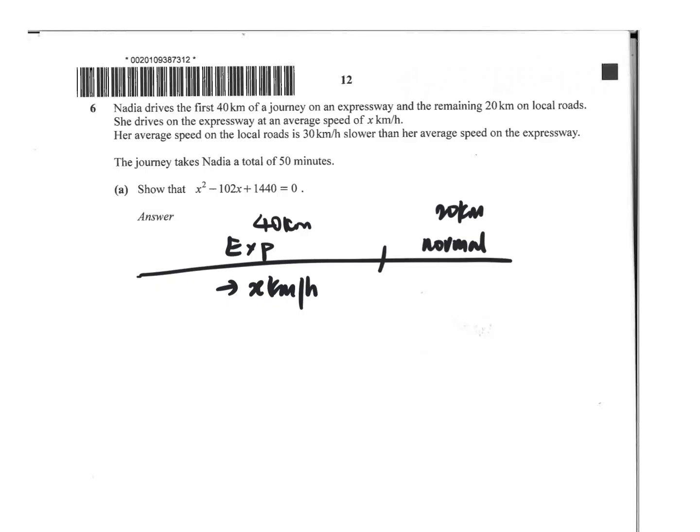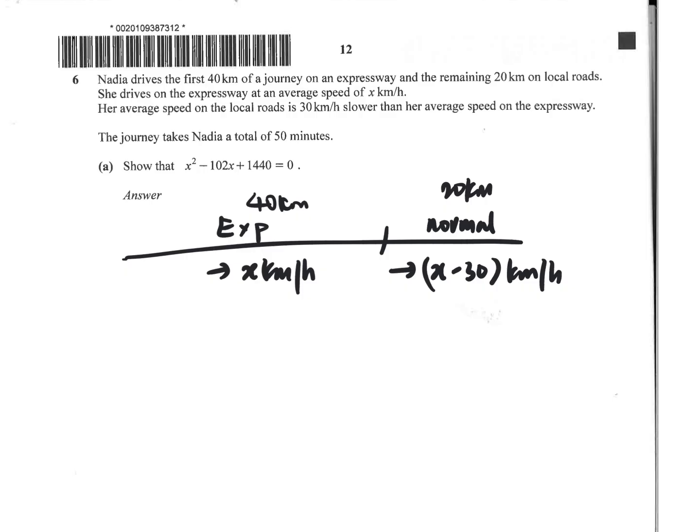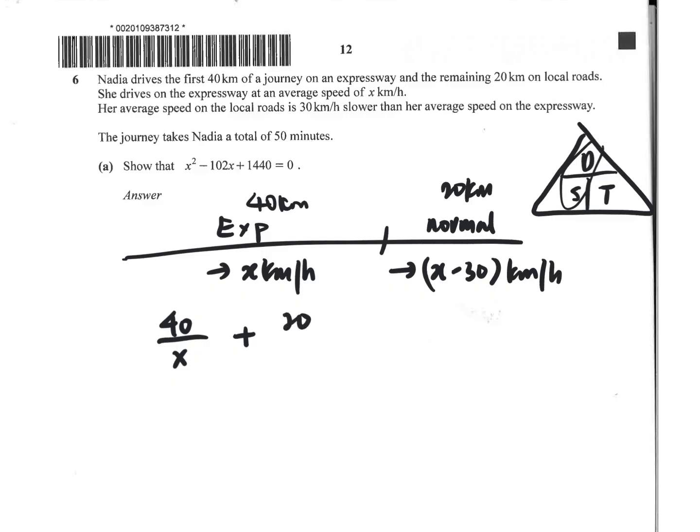And on the local road, it is 30 kilometers slower, so X minus 30. You all need to unpack the info first. They say the total journey time, you know your DST. To find time is D divided by speed. So distance divided by speed for this part and distance divided by speed for this part. It should be equal to 50 minutes, but always convert to hours because everything here is in hours. So you have to convert this to hours as well.